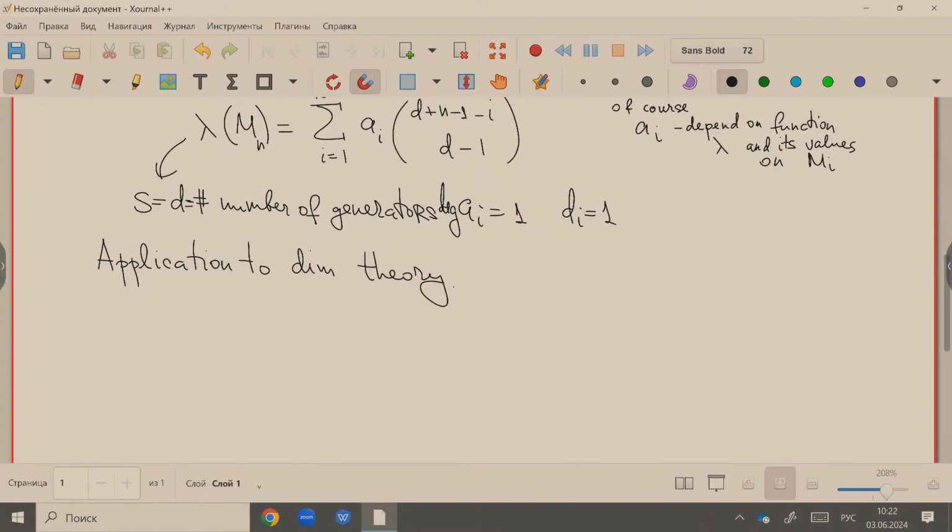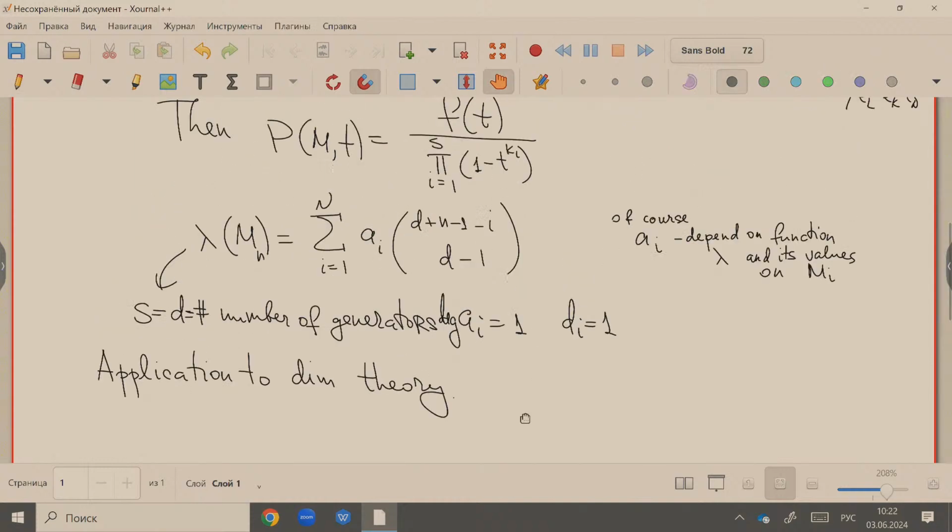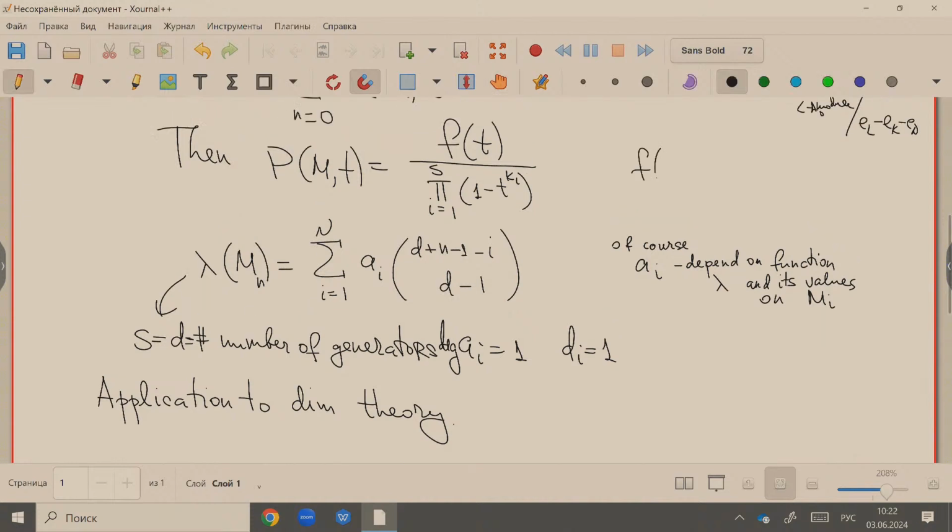So you know these a_i. Let us recall that these are just coefficients of f of t. We had f of t equal to the sum of a_i d^i.